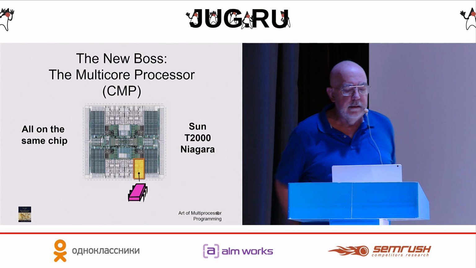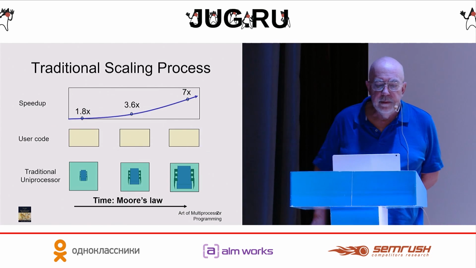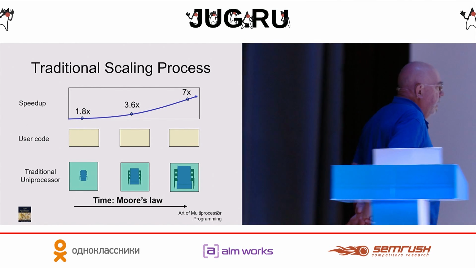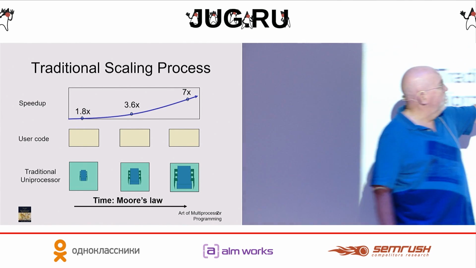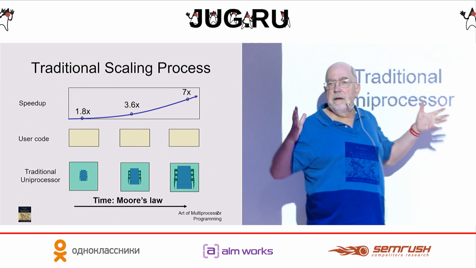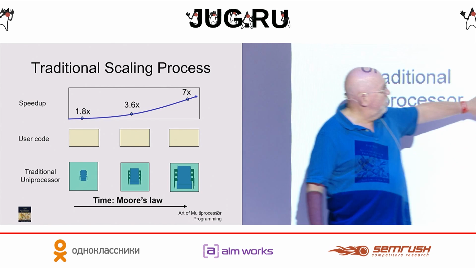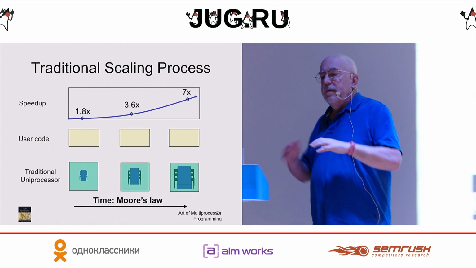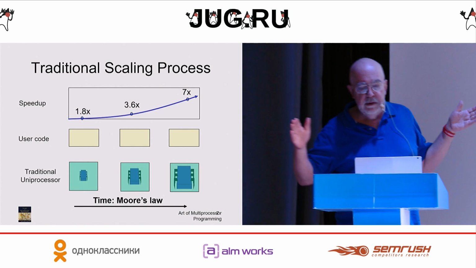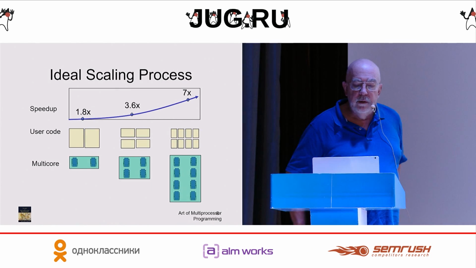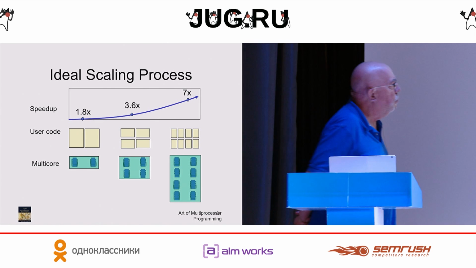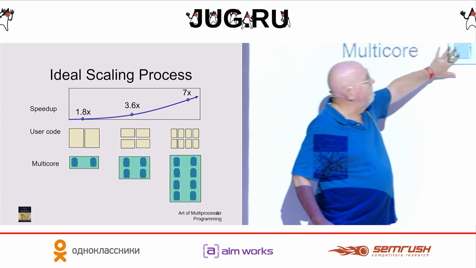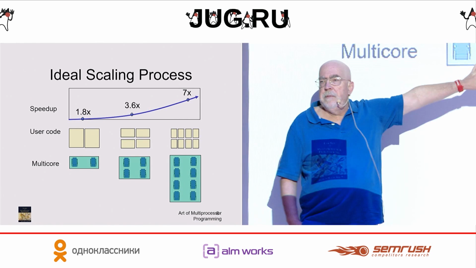Now, what's different about this is that, as I mentioned, in the old days, every year your processors would get more powerful. I show them here as being bigger, but in fact they're smaller. But every year the processors would get more powerful and the speed of your software would increase. Now, in an ideal world where processors don't get faster, but you have more of them, then the same thing should happen.